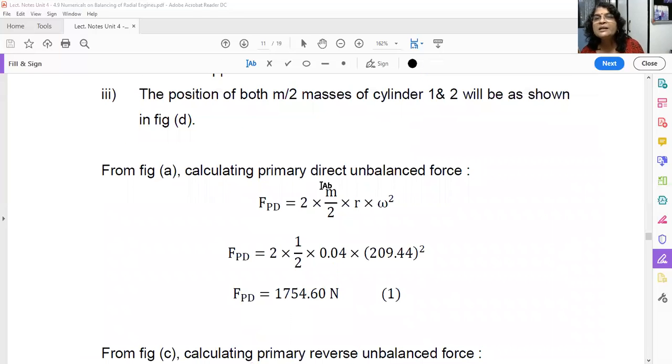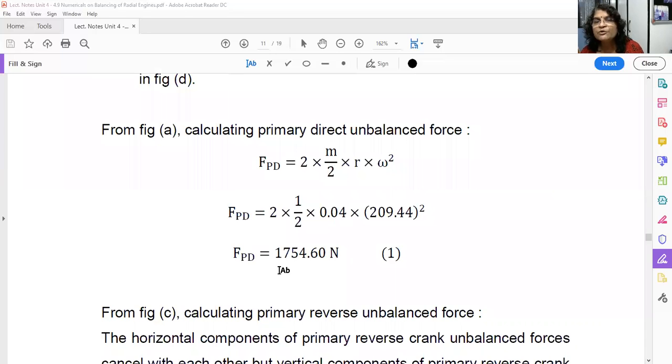Calculating primary direct unbalanced force, which is given by mr omega square. But your m is m by 2 and there are two masses. So 2 m by 2 r omega square. Okay. Put the value of m, that is 1 kg. Put the value of r, that is 0.04 meter, and omega. You will get primary direct unbalanced force 1754.60 Newton.